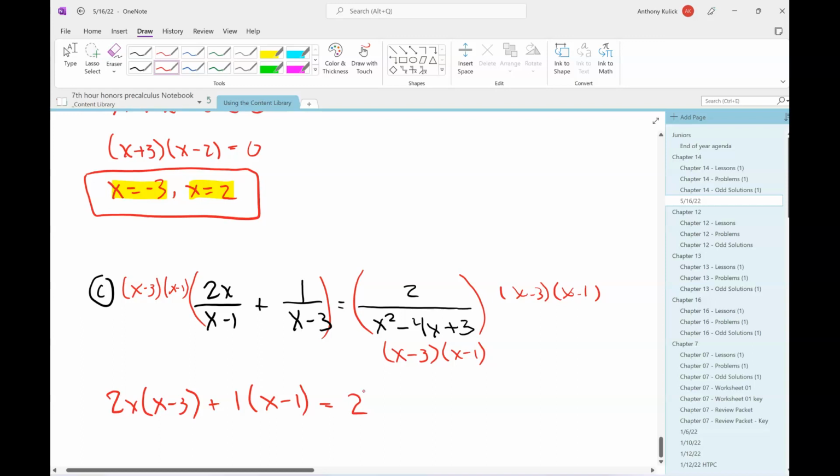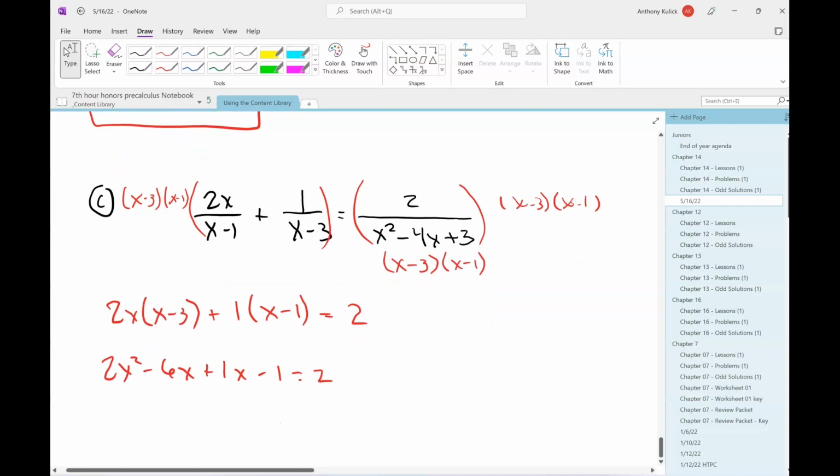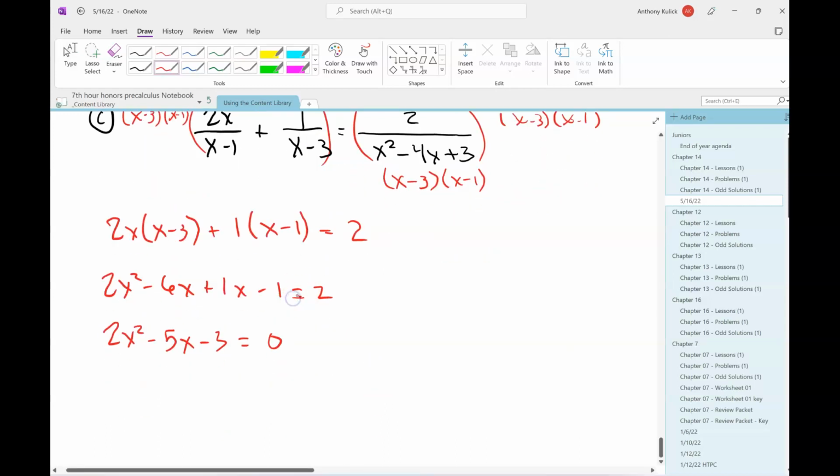Everybody's cool there? So distribute things through, combine like terms, and move everything onto one side. Again, we're left with a quadratic. This time the leading coefficient is 2, though. Remember, to factor something like this is sometimes a little bit more difficult.